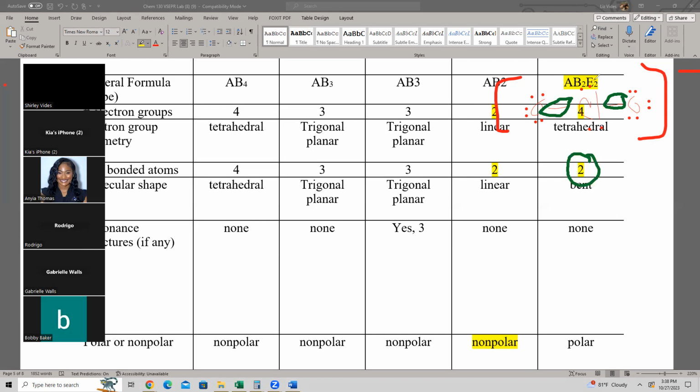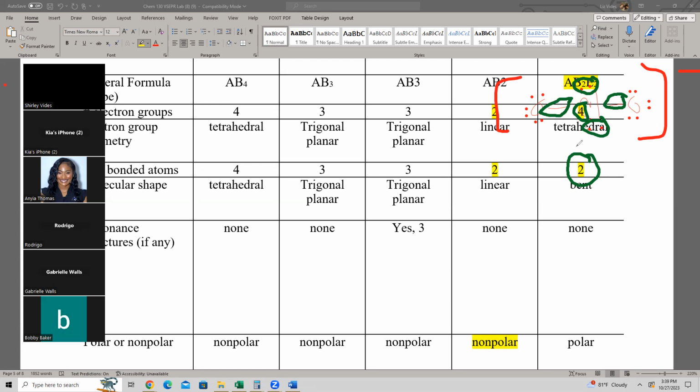And then you've got 2 more things around it, so that's why it's 4, you see? And that's what makes the difference, because you have lone pairs. If you didn't have lone pairs, that would not be polar at all. But since you do have lone pairs, it is polar.